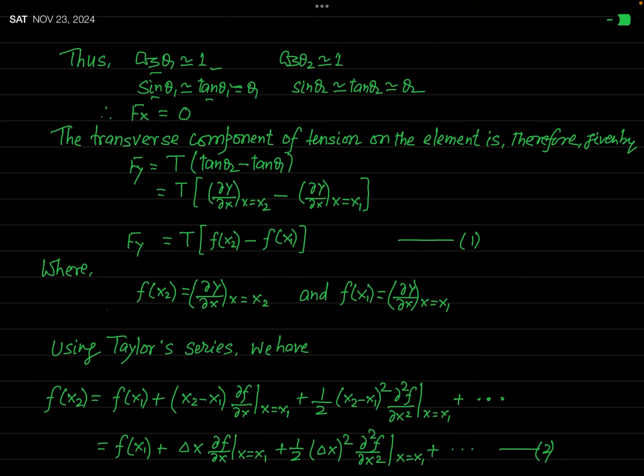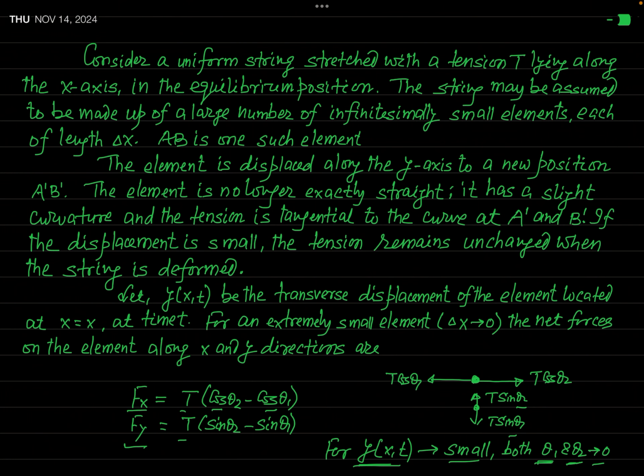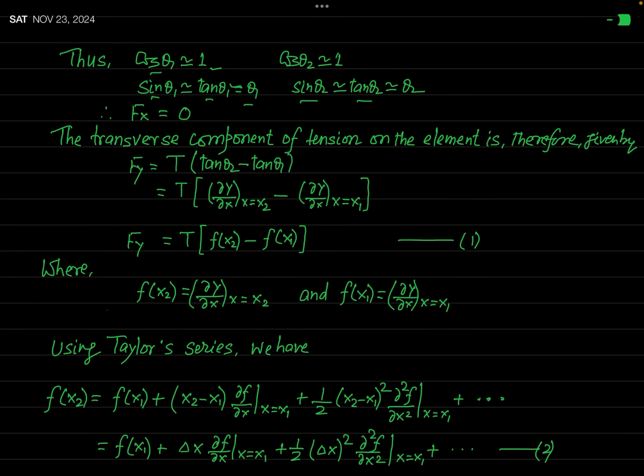So sin theta 1 is equal to tan theta 1, and sin theta 2 is equal to tan theta 2. So in this limiting condition, what will be the value of Fx? Since both cos theta 2 and cos theta 1 are equal to 1, Fx will be T times 1 minus 1, which means 0. So the resultant force acting on this element in the horizontal direction, or x direction, is 0.